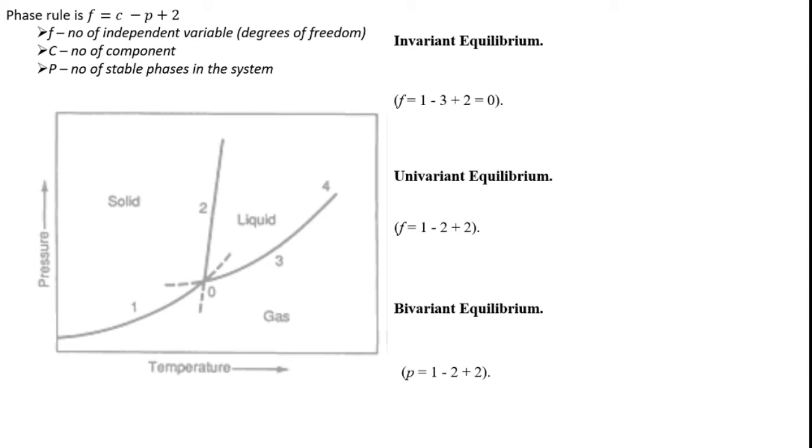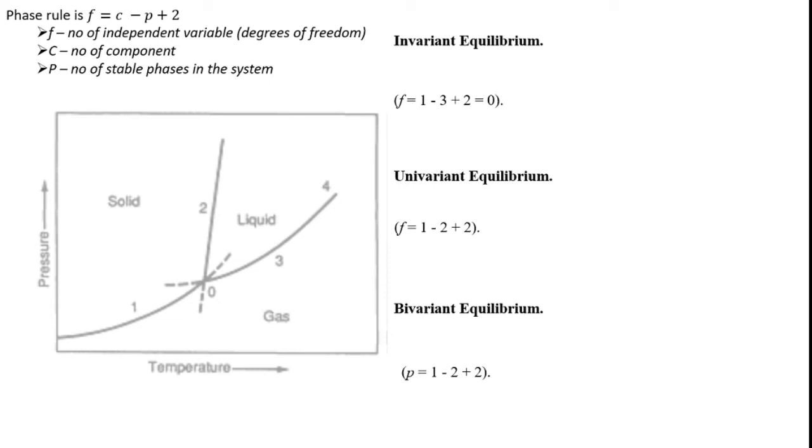The number of degrees of freedom is fixed. At this point all three phases, liquid, solid and gas, are in equilibrium, but any change in pressure or temperature will cause one or two of these states to disappear. So the invariant equilibrium is important in the unary diagram at the triple point.